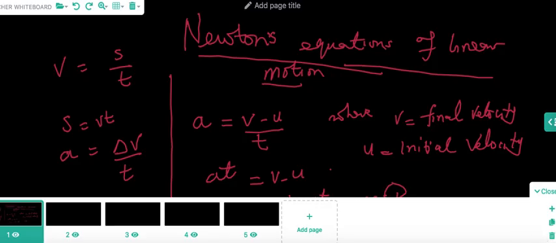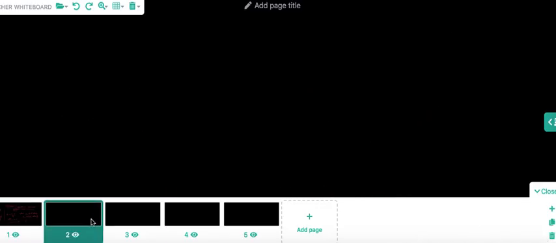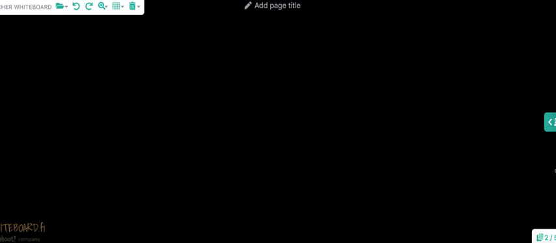Equation 2. Since we know that v equals u plus at from equation 1, it is worthy of note that the total distance covered is equal to the average velocity multiplied by time.